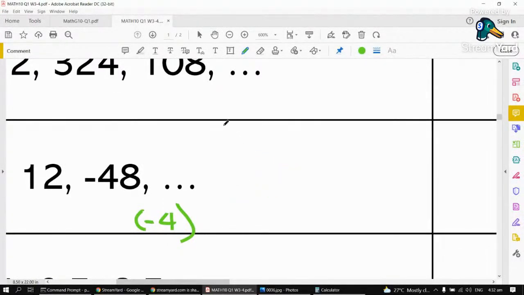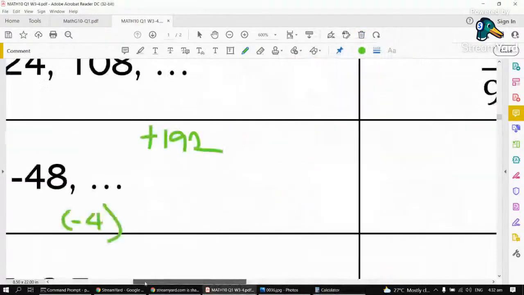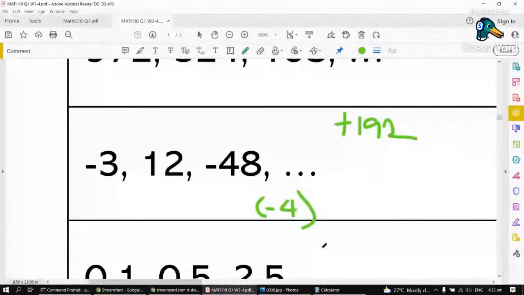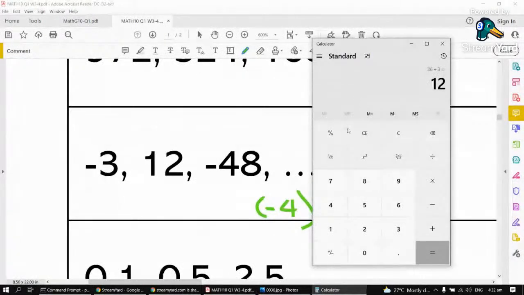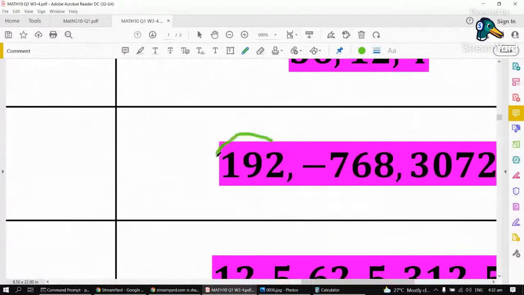Medyo malaking number pala to, no? Positive 192. Check na natin. 48 times 4 is 192. So, tama.